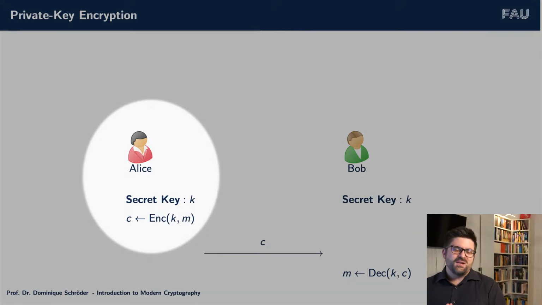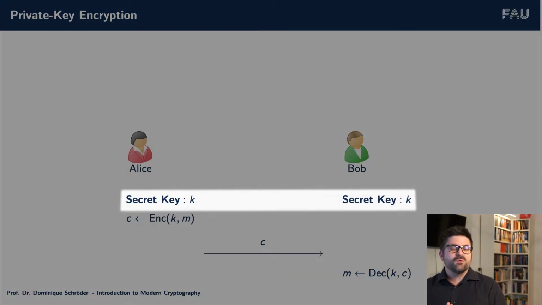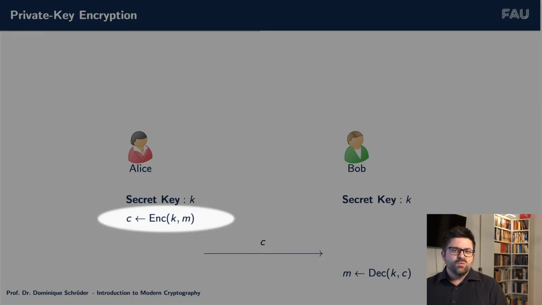First of all, we have Alice, and Alice wishes to encrypt a message. In order to do so, of course, Alice needs a cryptographic key. This is the key that is initially shared between both Alice and Bob. At this moment, we don't care where this key is coming from, and in this high-level description, we just assume that we have it. Now Alice wishes to turn the plaintext M into some ciphertext C, and she does it by using the encryption algorithm.